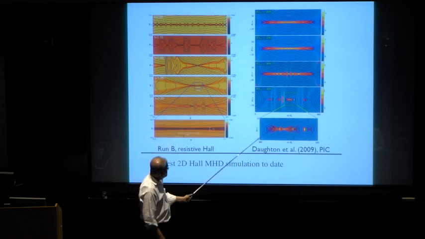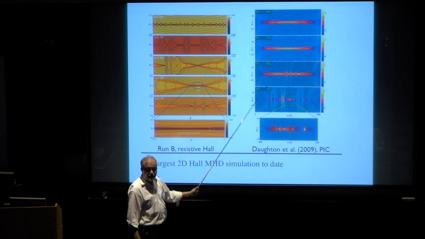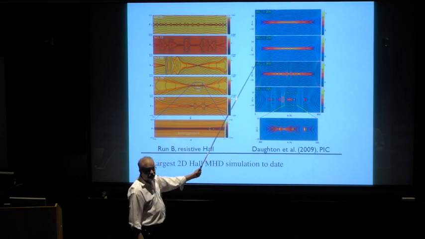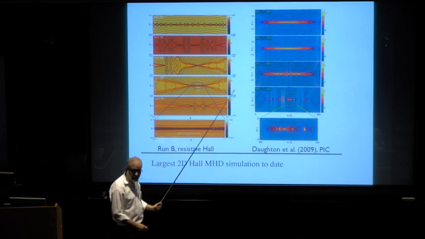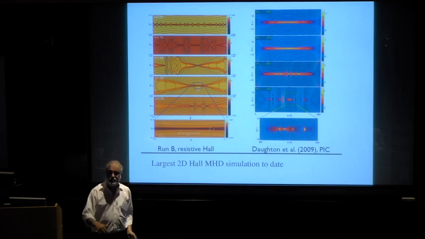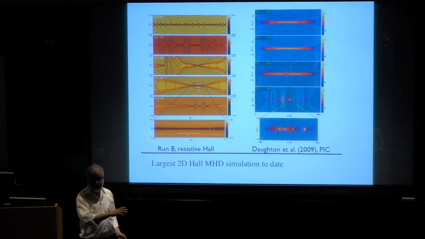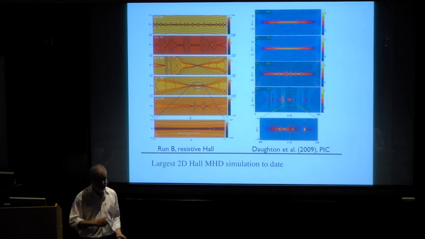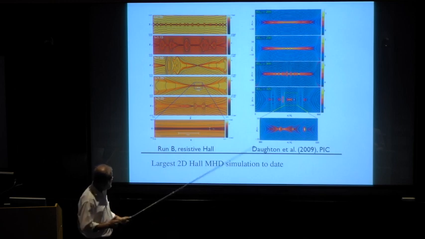This is PIC simulations, no collision operator at all, very similar plasmoid structure. The theory for the fluid case is much better developed than the collisionless case. There's a lot of analytical work, both in linear and nonlinear regime, that we need to do to make sense of these beautiful results. But theory, there's a lot of serious work to be done, a lot of analysis to be done to make sense of these results.